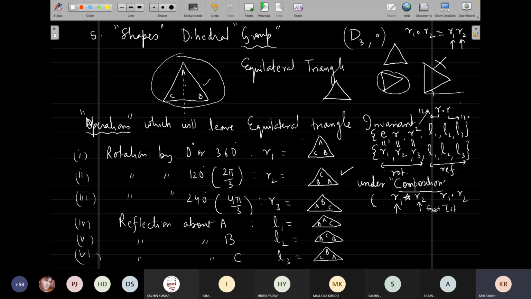How many elements are there in this particular group D3 with this composition? 6. So you can think that the number of elements in the group here is 6. So if there is a square and I go for the D4 composition, how many elements might I be thinking of? 8, sir. 2 into 4, 8. How many rotations, how many reflections? 4 each. Right.